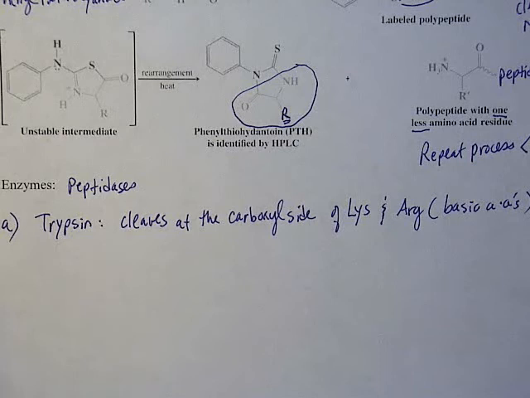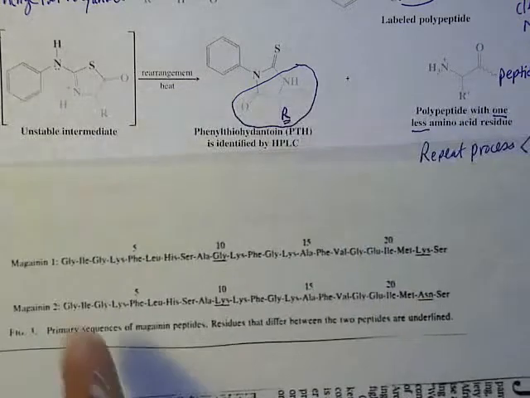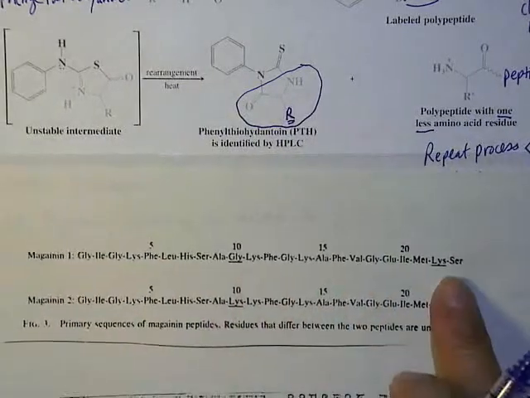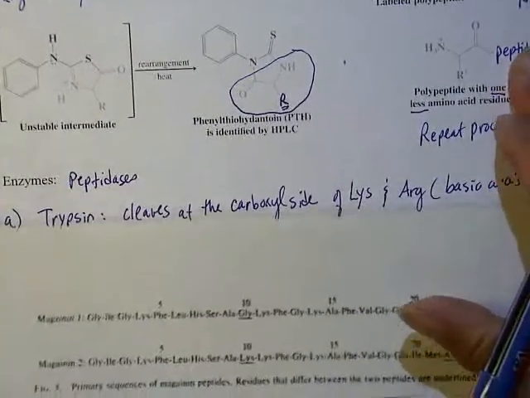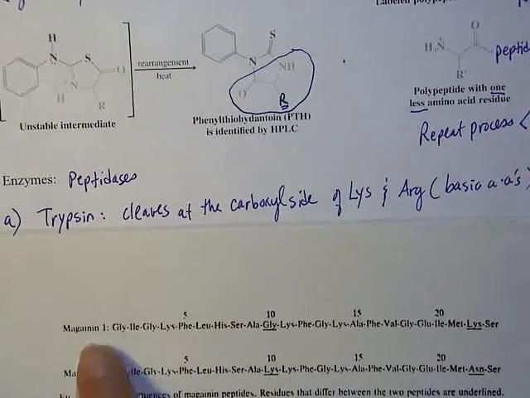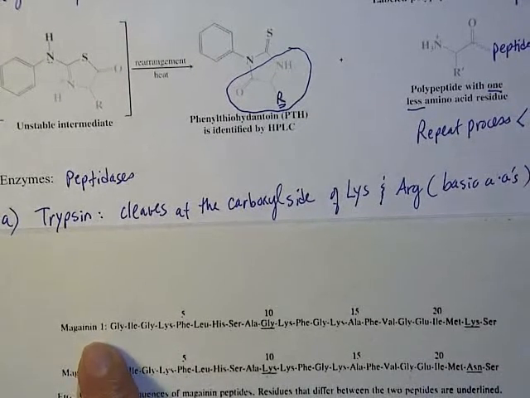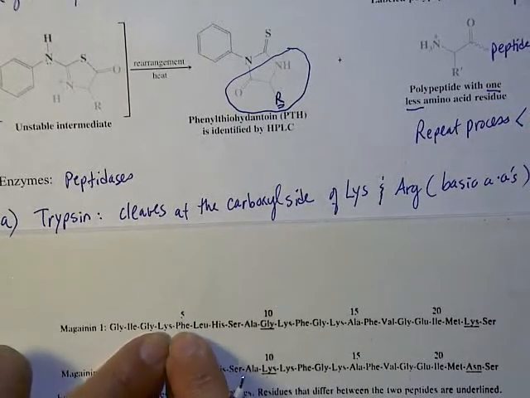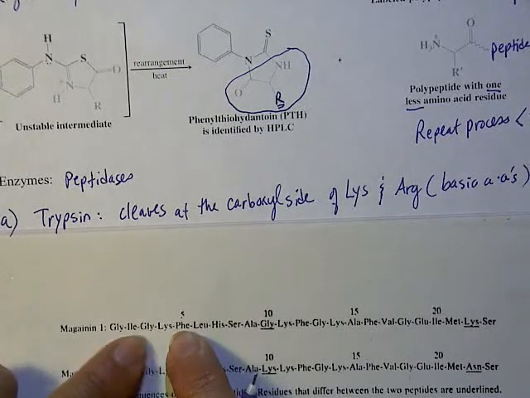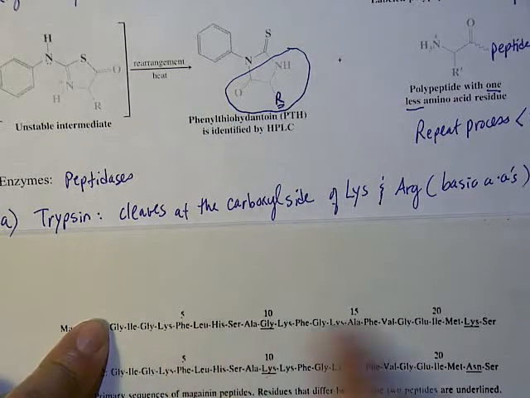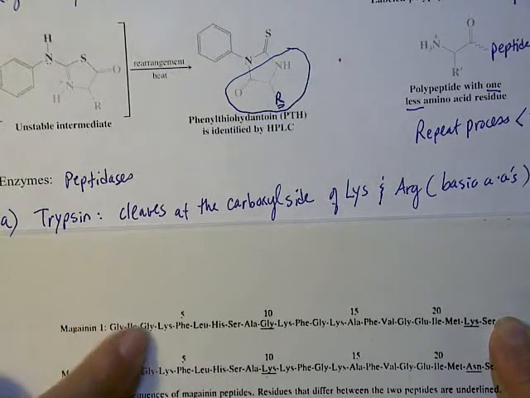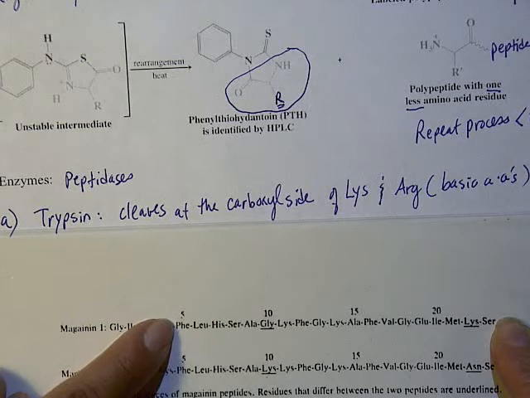What I mean by carboxyl side is if you have this Megainin 1, and you treat this protein with trypsin, then on the right side is the carboxyl side. On the left side would be the amino side, because this is the N-terminal and this is the C-terminal. So after the lysine over here on the right-hand side, it will cleave.